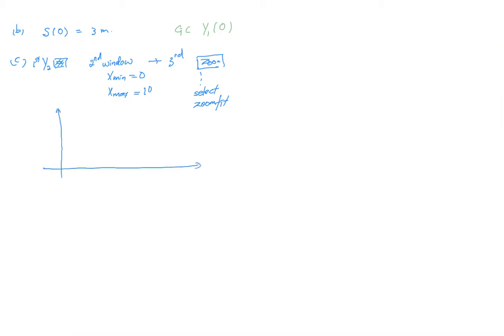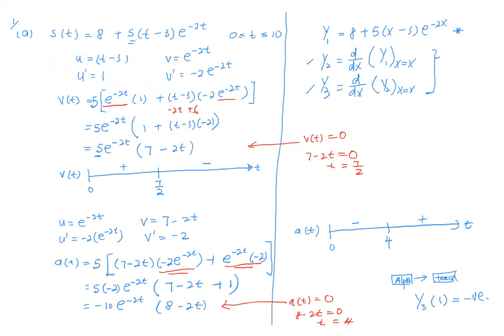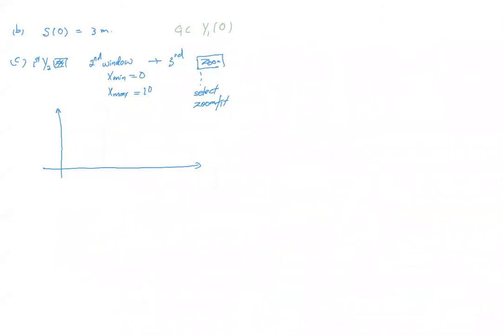So we can go back to our sign diagram of VT. Make sure the graph passes through 3.5. At first it's positive, then after that it comes down negative and goes like that, until 10 here, you stop.